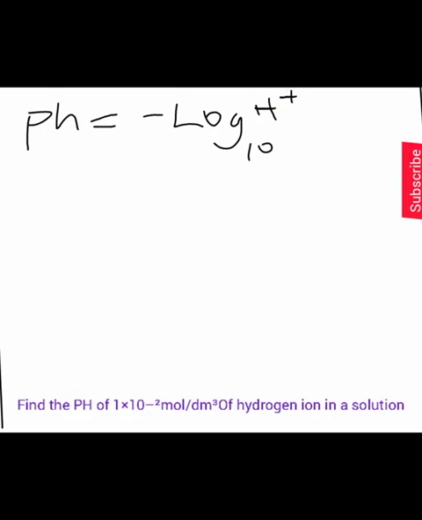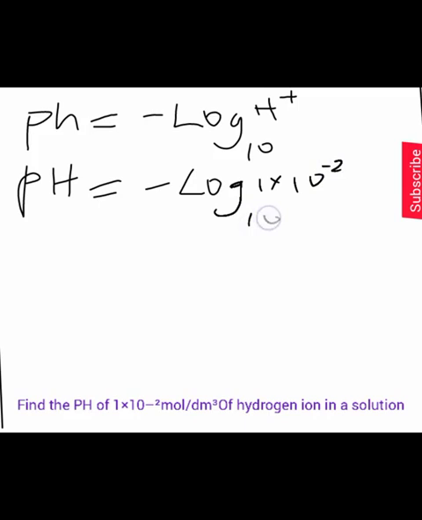So applying our formula, the pH value here is equals to negative log of 1 times 10 to the power of minus 2 to base 10.